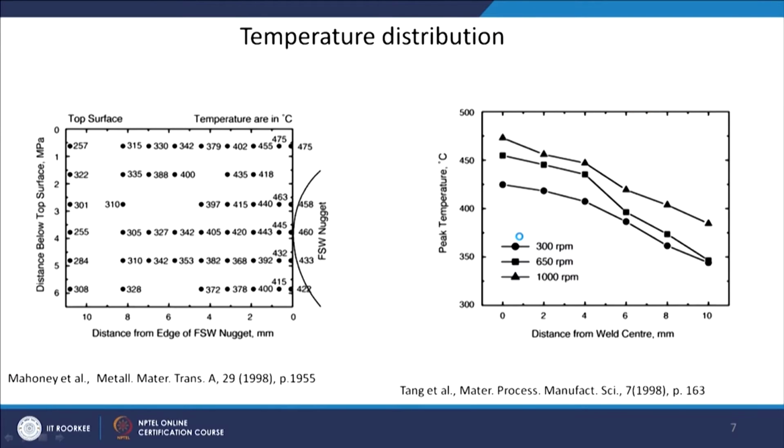Now, let us look at the temperature which you achieve usually in this kind of process. A nice profile is given for the temperature. So, this is your FSW nugget zone, where the nugget is, and of course, I cannot measure the temperature in the stir zone, because if I put a thermocouple there, due to stirring it will be destroyed.